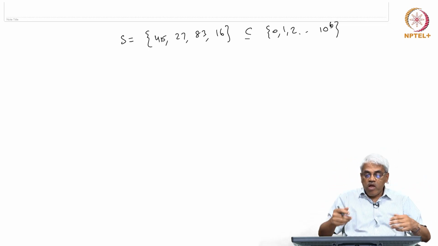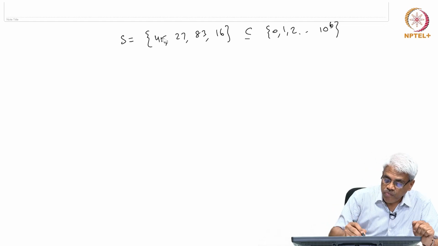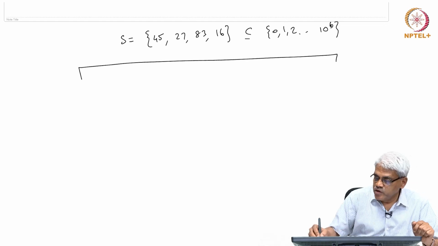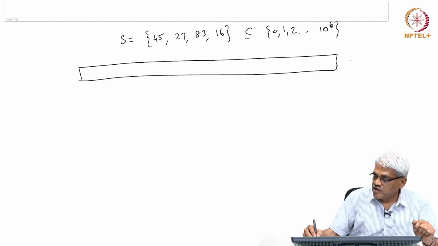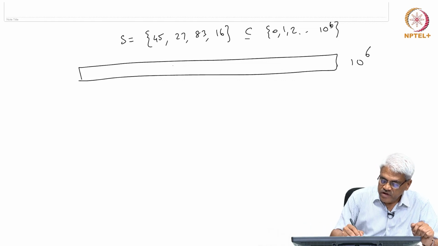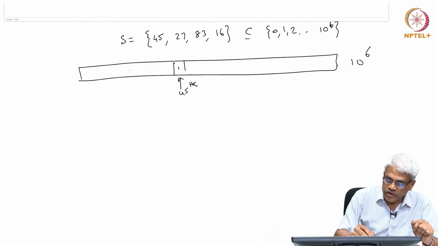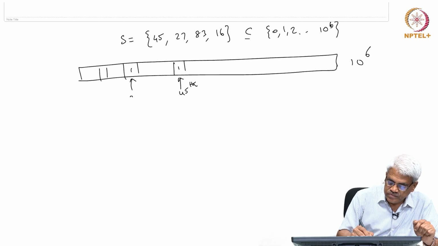So what I do is create a huge string of size 10 power 6, and it is going to have 1 in the 45th, in the 27th position, 16, and 83.